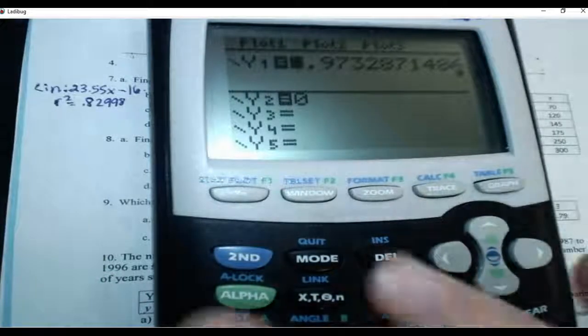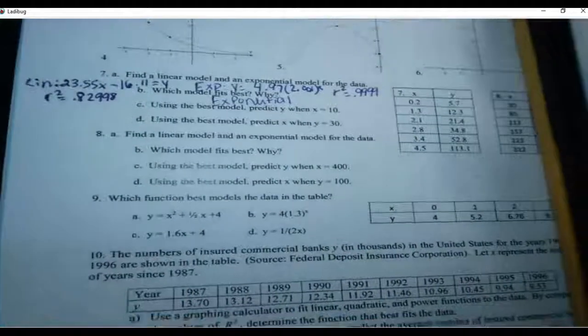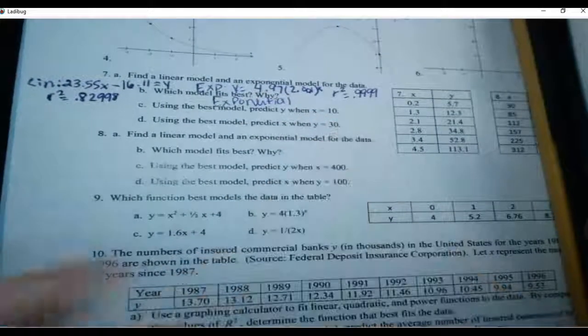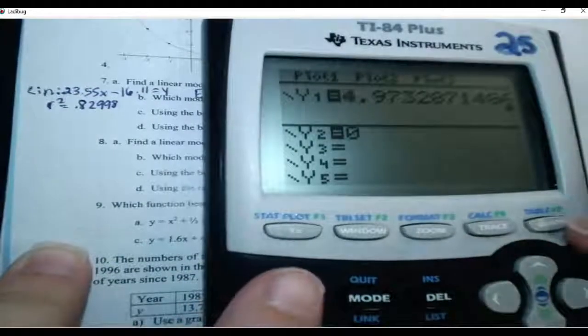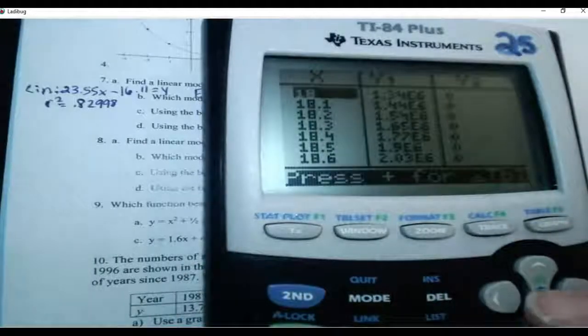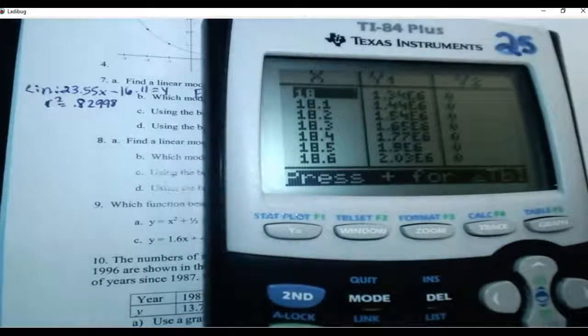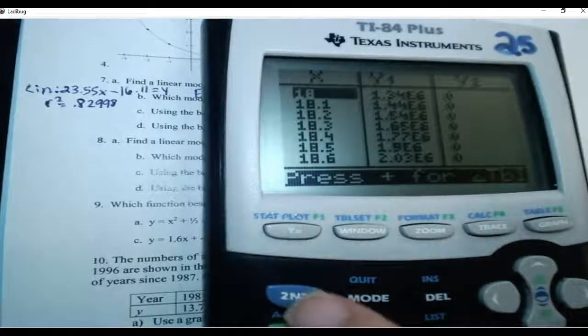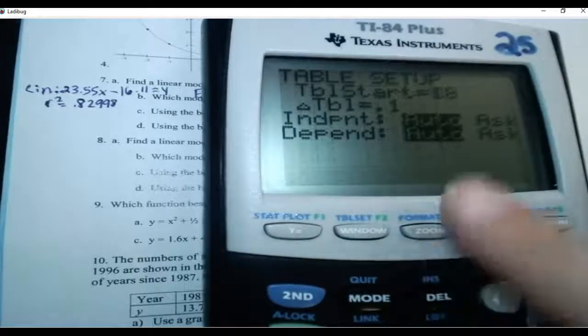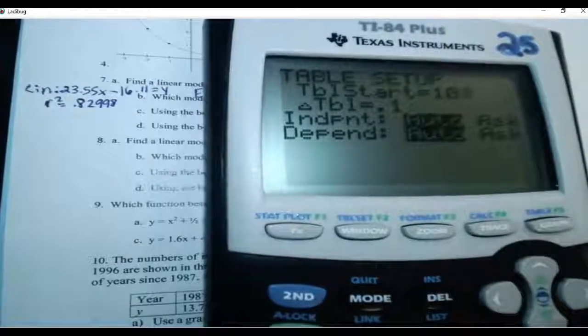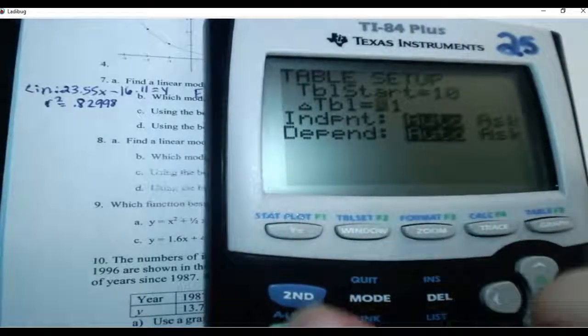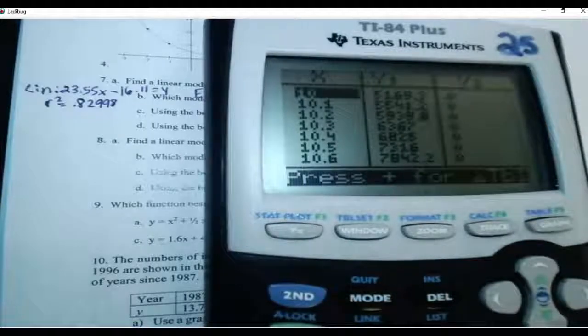Okay, so then part C, we want to know predict Y when X equals 10. So I want to go to my table and I want to see where X is 10. I don't want to scroll. So if yours is at something weird, you can hit second window and do your table start as 10. And then when you go back to your table, it takes you to 10.